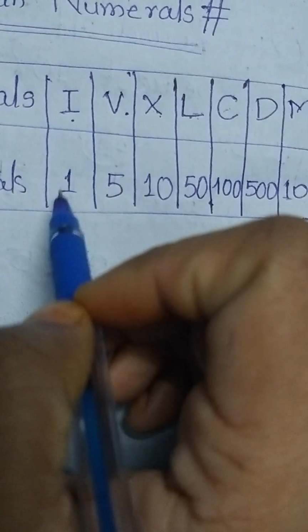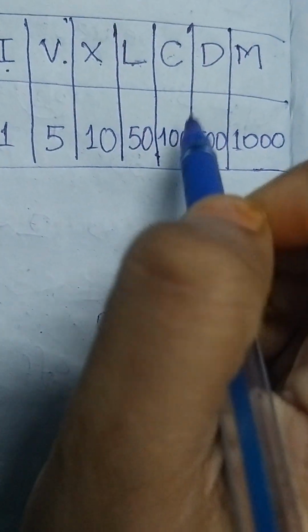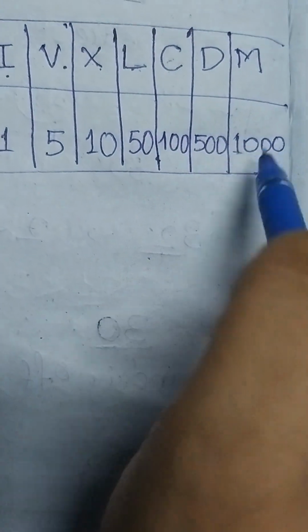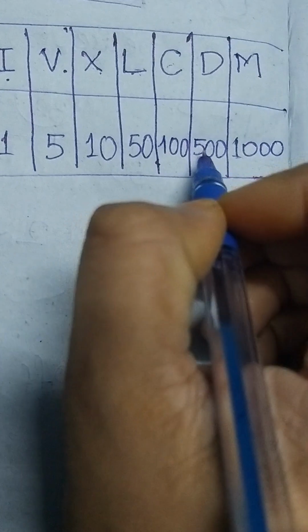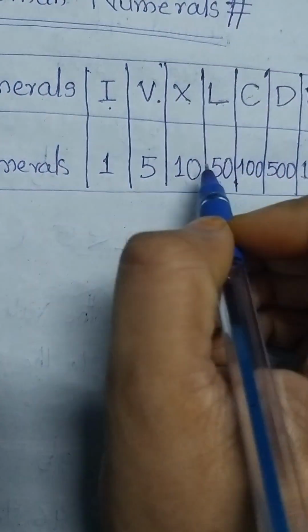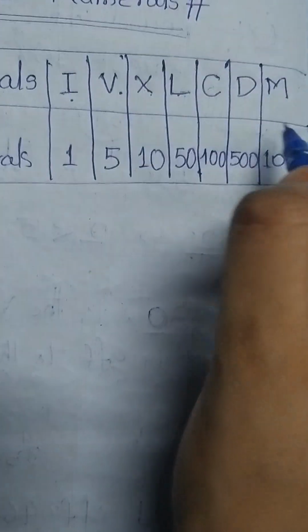I means 1, V means 5, X means 10, L means 50, C means 100, D means 500, M means 1000. I am always telling repeatedly so you can understand properly, children. Remember these symbols perfectly.